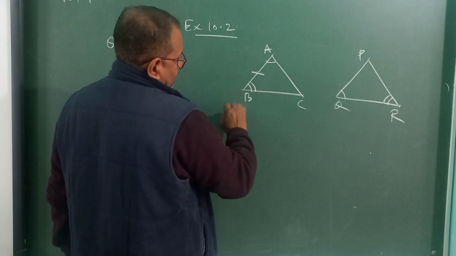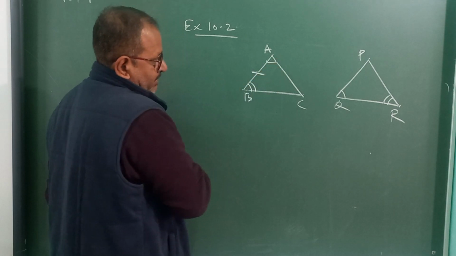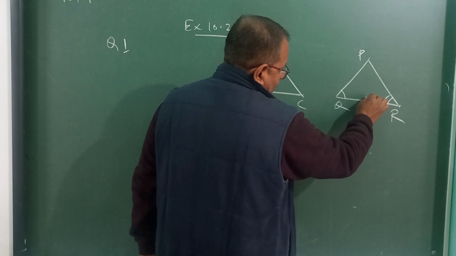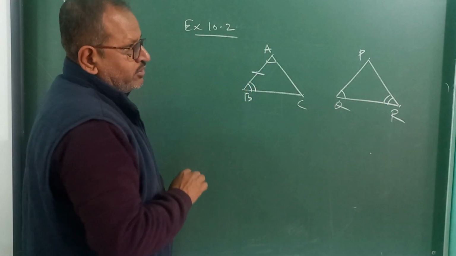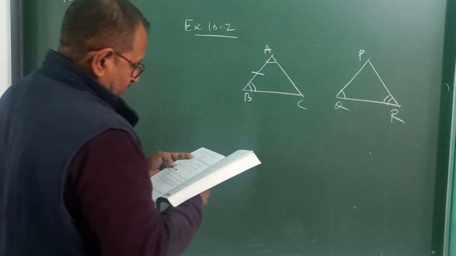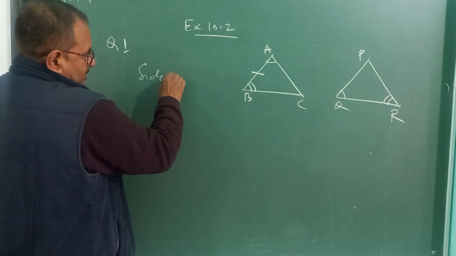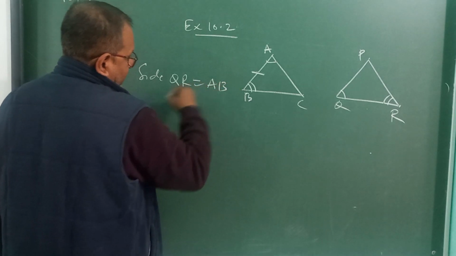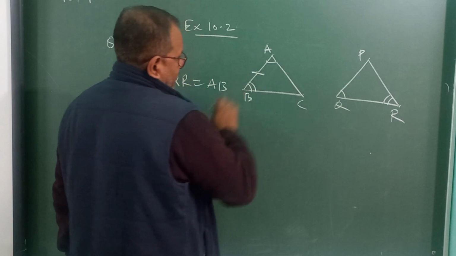This side is the included side of angle A and angle B. So in this triangle we have to take also the included side, and the included side is QR here. So AB will be equal to QR.